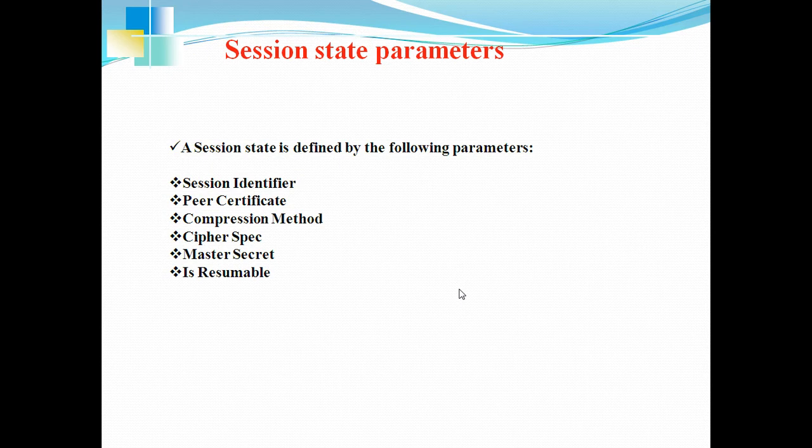Session ID: every session has a unique ID assigned by the protocol. Then peer certificate, where user credentials are validated; that certificate itself provides the authentication. And what kind of compression method you are going to follow. Cipher spec means if any pending states are there to be converted into the current state.